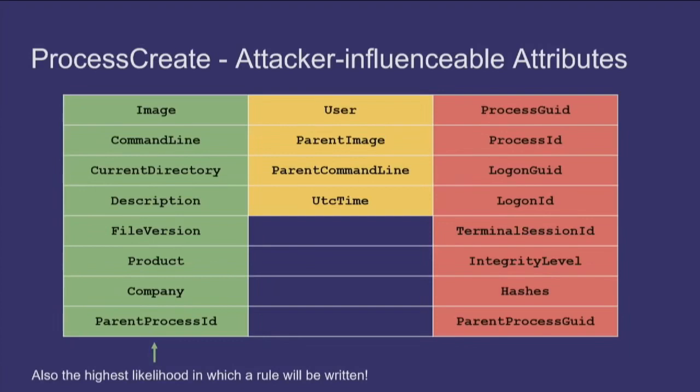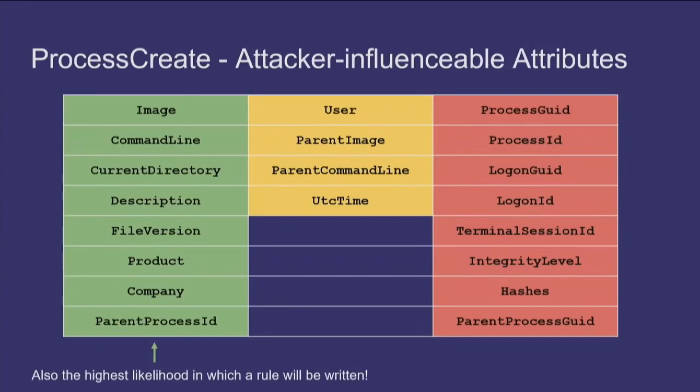This was developed more from the perspective of a true post-exploitation scenario. So the column in the middle could potentially be influenced by an attacker, and then the red ones, generally speaking, you don't have much control, if at all, over any of those.